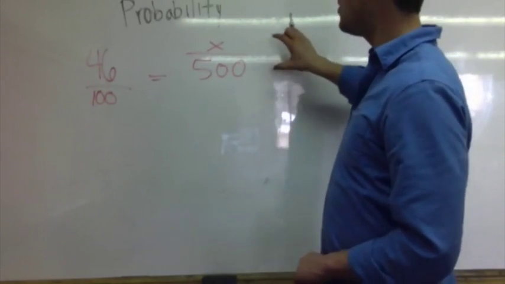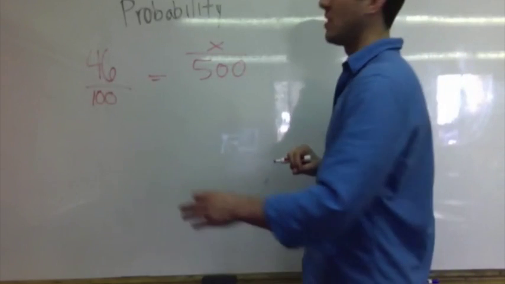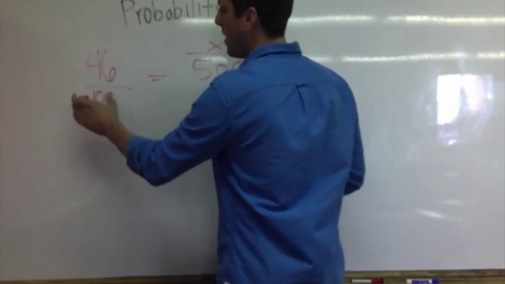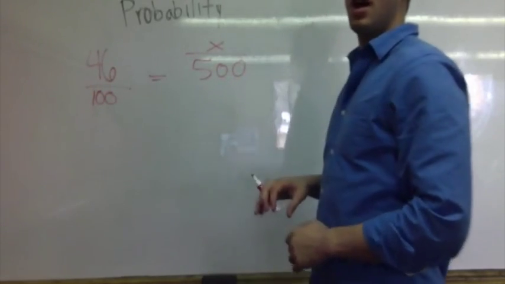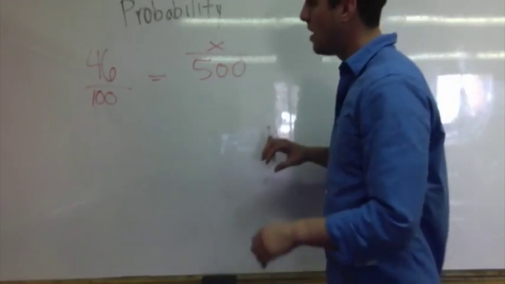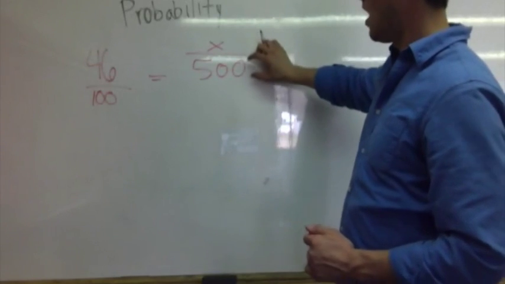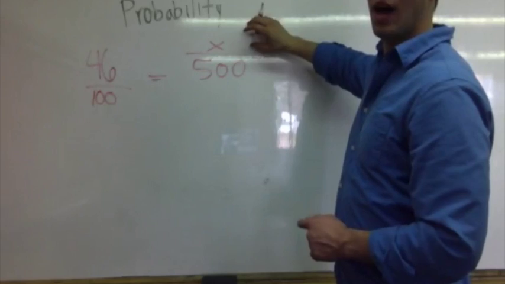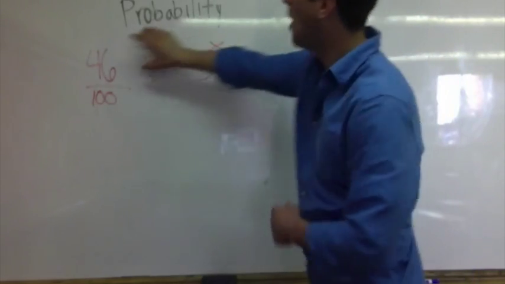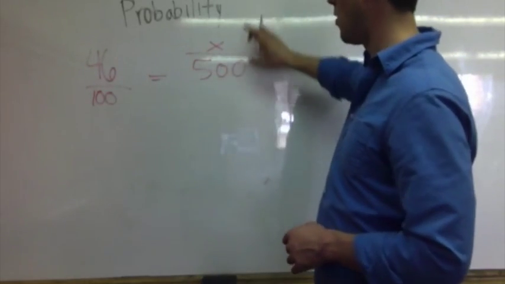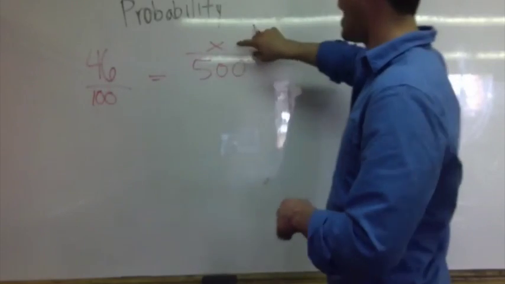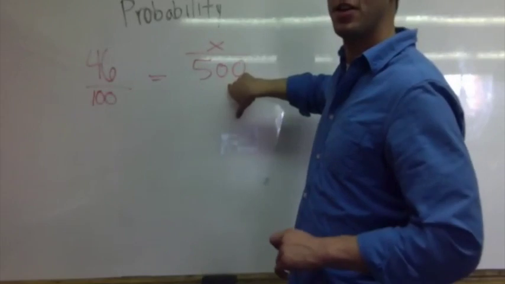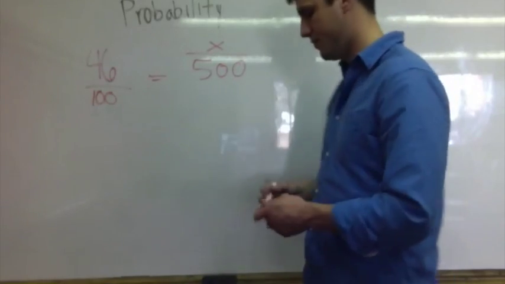And how do you know that this is the correct way to set it up? With percentage, you have 46% is part of a whole. So it is part of the whole 100%. You're looking for a part of the total 500 flips. You're looking for what part of the total was heads. So you got part over total, part over total. That's how you know. You put the x on the top of the fraction with the 46 and the 500 on the bottom with the 100.